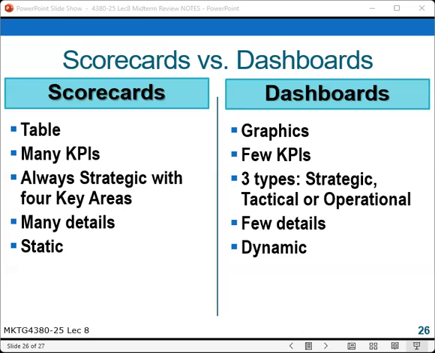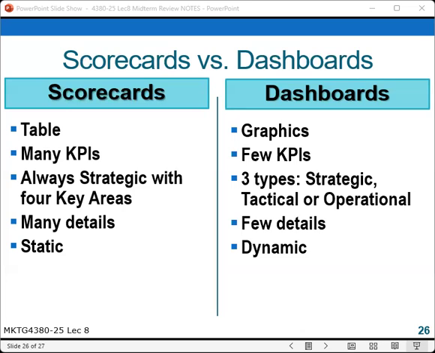The different types we looked at, the strategic, tactical, or operational. So that just basically says wherever you are operating in the organization, you'll have a different focus on your dashboard. You'll have different interests in terms of your KPIs and the type of data you're looking at. The strategic is more about monitoring. The tactical is more about analyzing data.